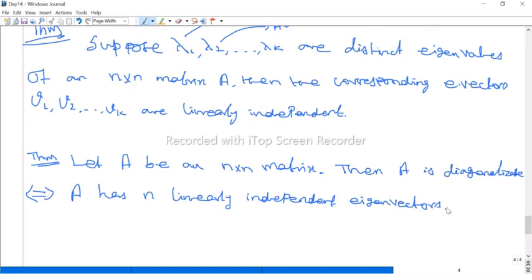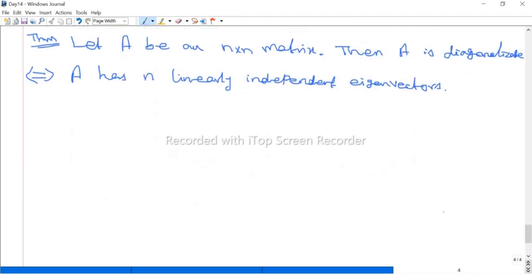Now, but in general, not all matrices are diagonalizable matrices. Some matrices are not diagonalizable. Even more, we can say, if you take any non-zero nilpotent matrix, it is not diagonalizable. Why? Suppose we take some example.